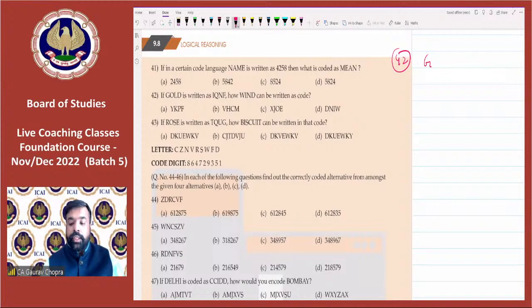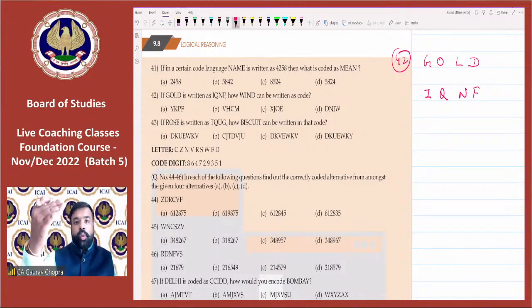Gold is written as IQNF. Now what is the logic? G, H, and then I. There is plus 2. O, P, Q plus 2. L, M, N plus 2. D, after D, E and F plus 2. That means we have done plus 2 in all of them.